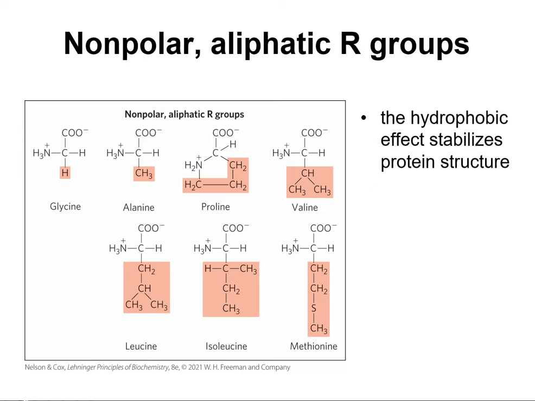All right. So, like we said before, all amino acids have the same amino group, carboxyl group, and hydrogen, but what's highlighted in this coral color is the R group, and that's what gives them their specific properties. Aliphatic simply means like a carbon chain.